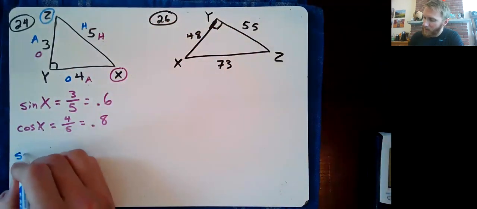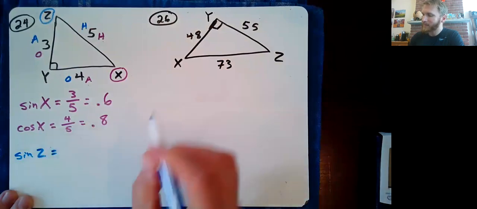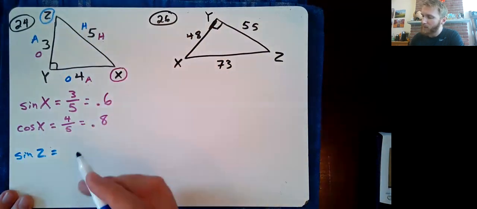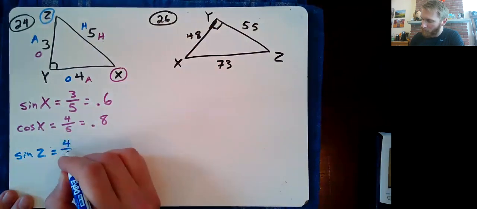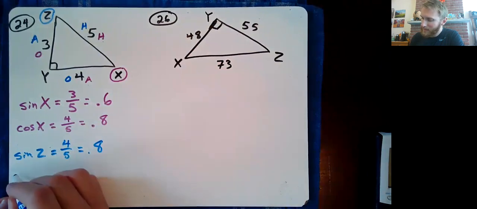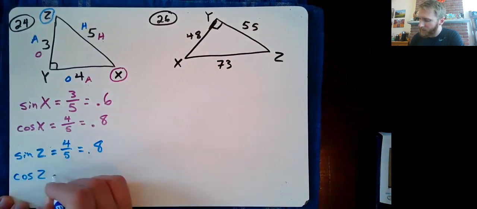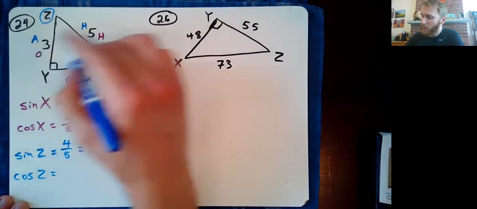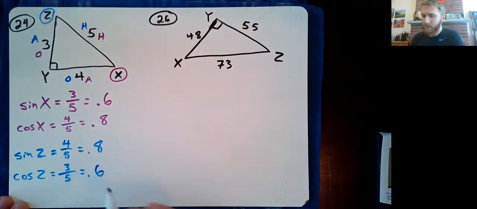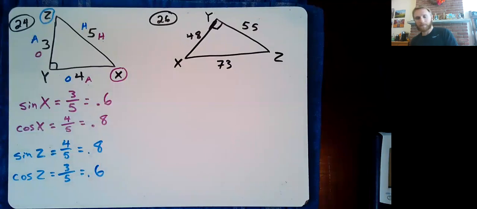So sine of z is opposite of z over hypotenuse of z, which is 4/5, 0.8. Cosine of z is adjacent over hypotenuse, 3/5, or 0.6.